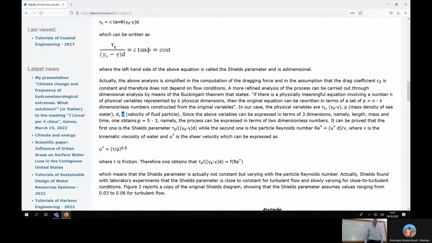There isn't the Moody diagram too. Yeah, in the Moody diagram you have the same situation. It's similar, because the Moody diagram basically tells you what is the friction force under laminar flow and turbulent flow. And you remember that under laminar flow, the friction is much higher. Previously, the Moody diagram, I didn't know that this existed at all. Because this is a completely different context, because here you have a mobile bed, what we call a mobile bed in river engineering.